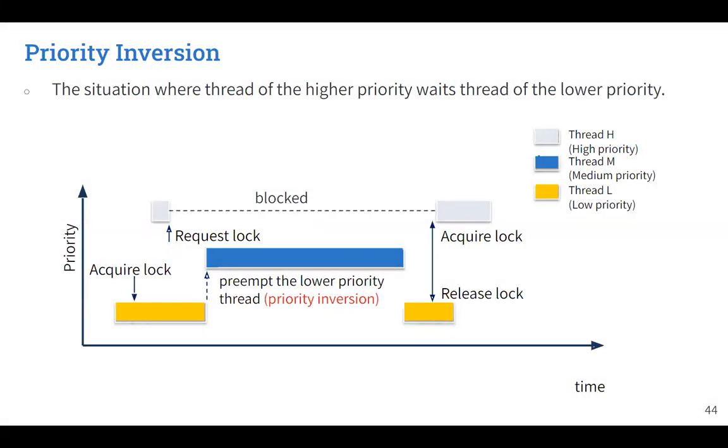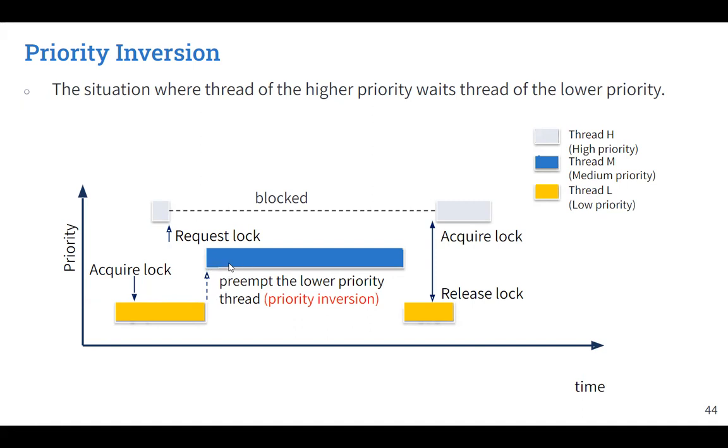And there are some special cases that you should think about. One is priority inversion. It's the situation where a thread of higher priority waits for a thread of lower priority. So again, we have a low priority thread running, and a high priority thread requests a lock that's held by the low priority thread. And then we have a purple thread with middle priority.